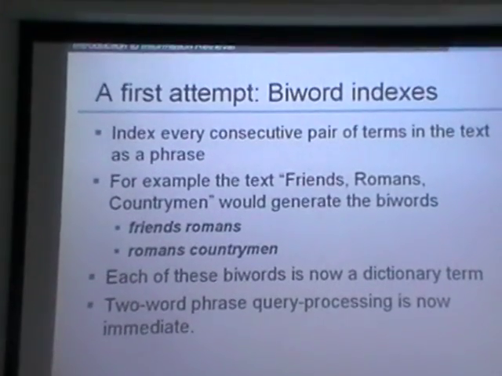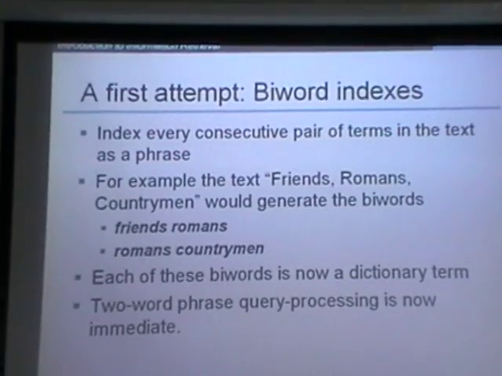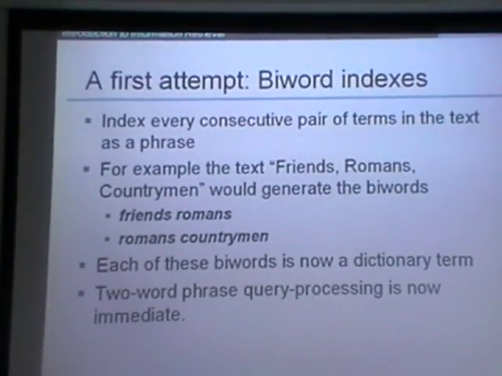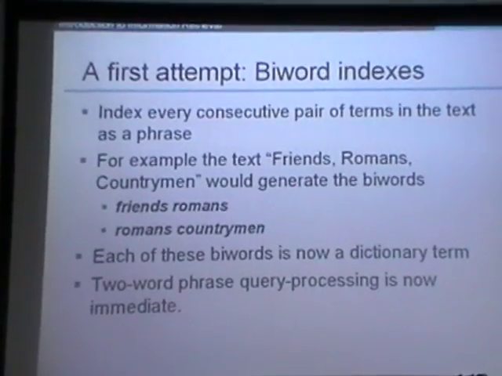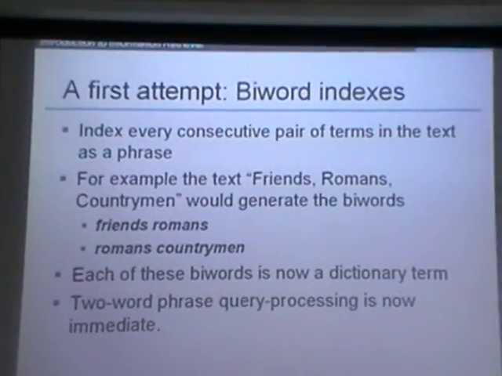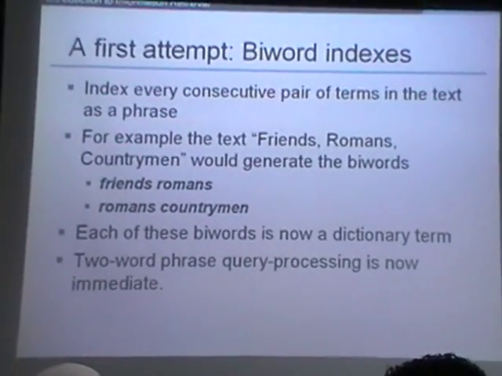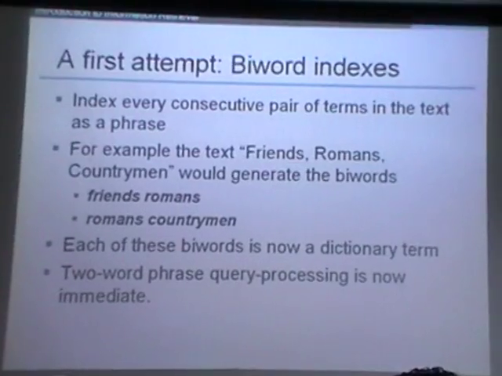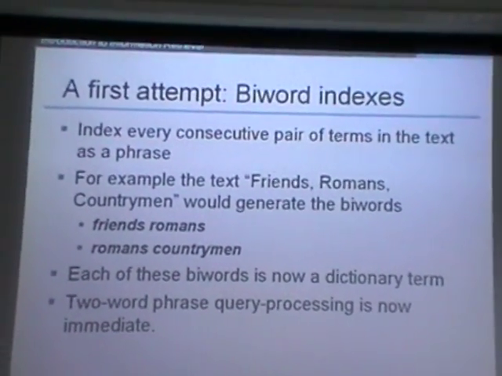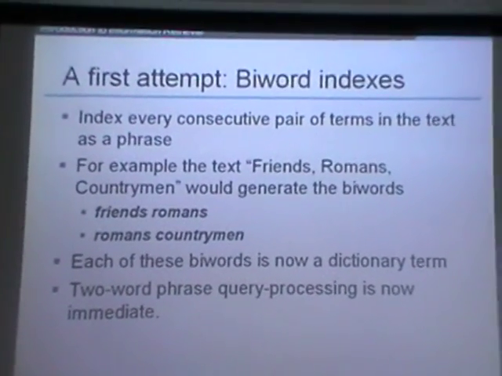Okay. So what do we do to enable the system to answer phrase queries, to process queries that have phrases? One idea is to use a biword index. A biword index is basically where we put two words in the dictionary. Each entry in the dictionary consists of two words in addition to the single words.